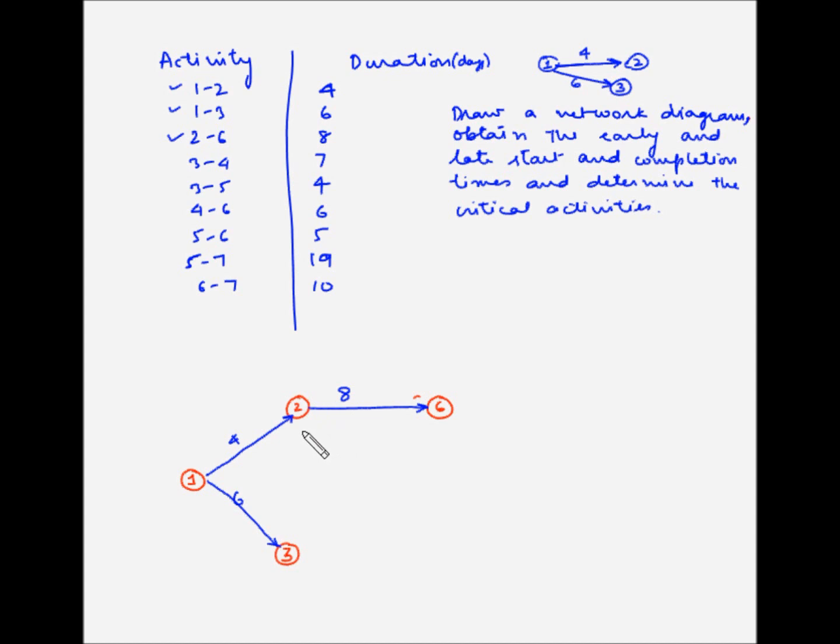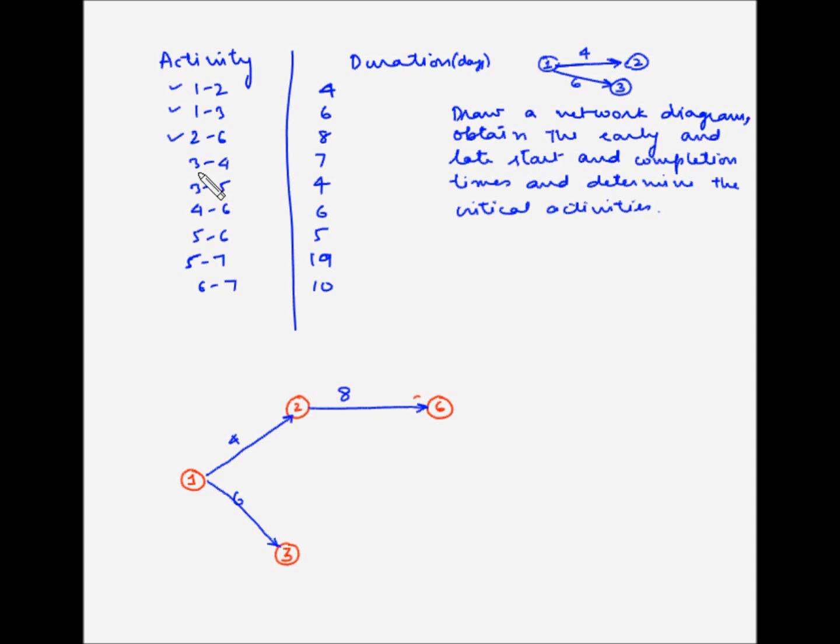Next is 3 to 4, and if we look at the next activity, it is 3 to 5. So it is sometimes beneficial to just look at the subsequent activities so that we know how many activities are emerging from one node, and that helps in drawing these activities.